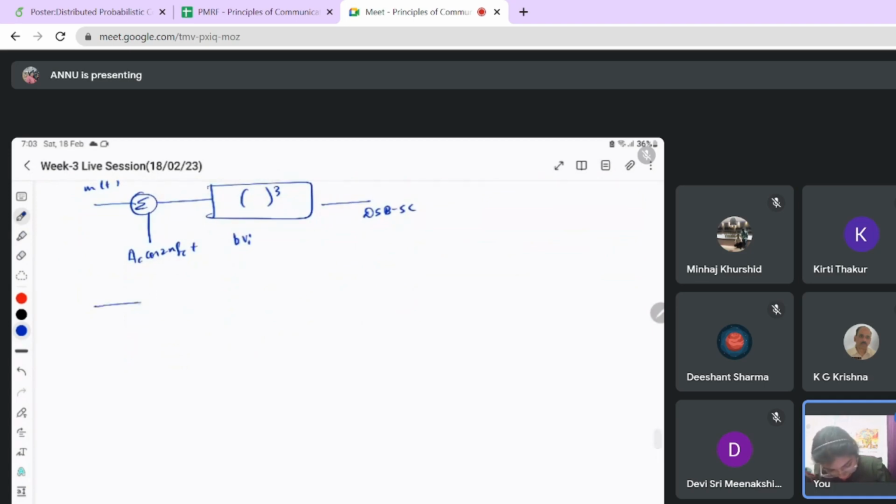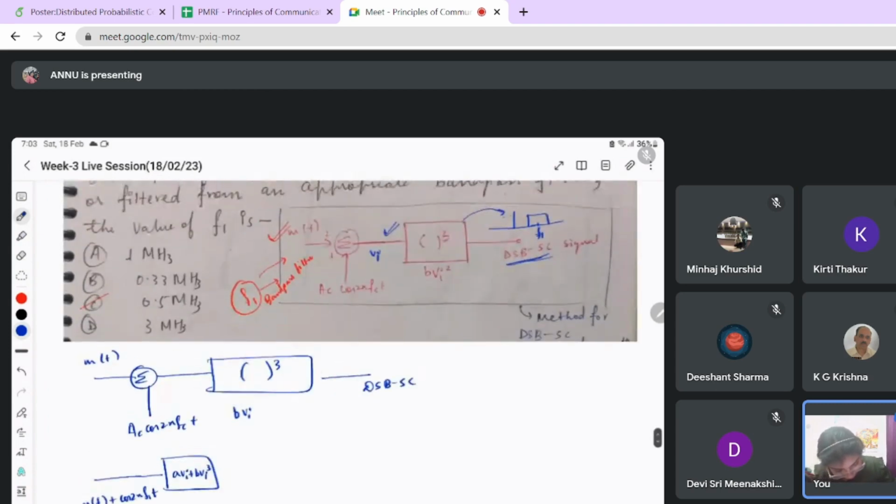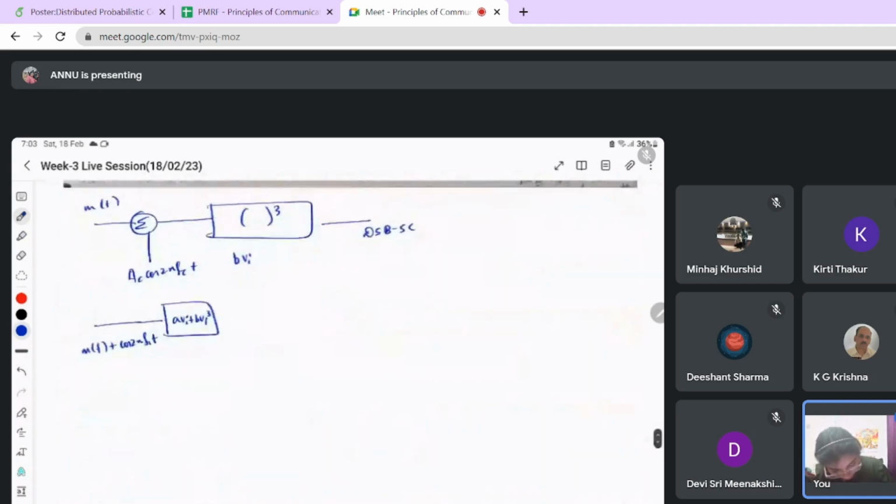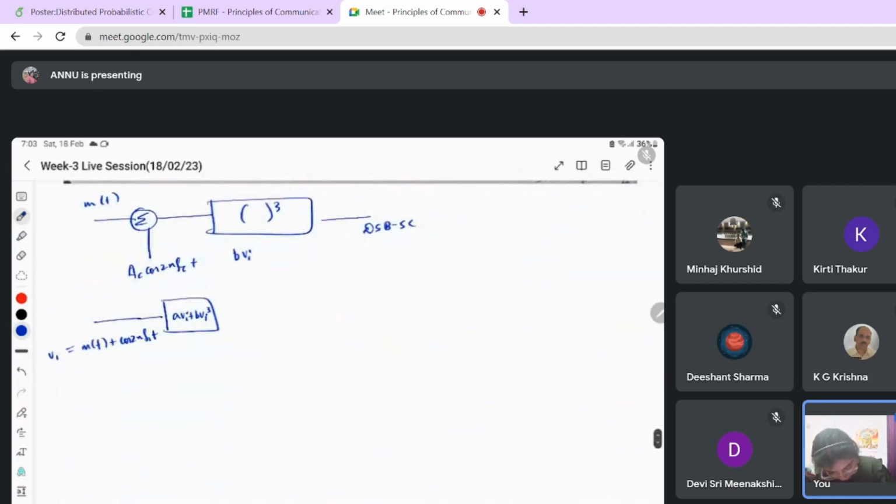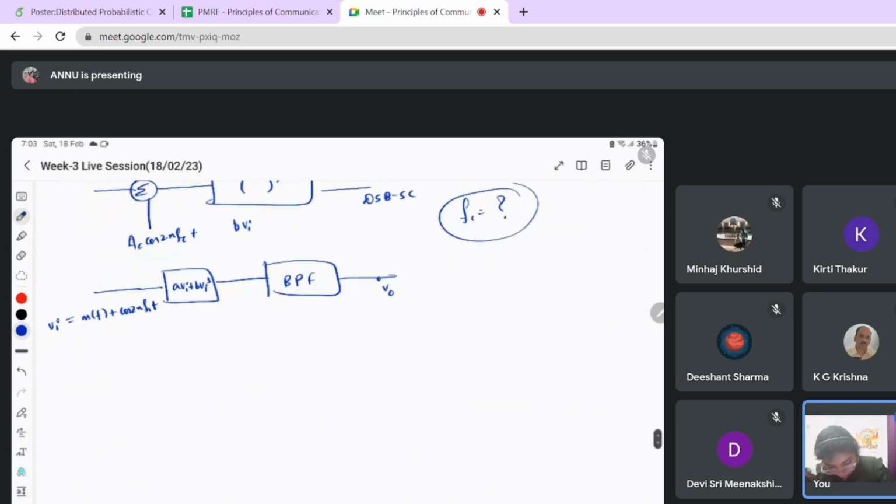So I will write here a Vi plus b Vi cubed, where Vi is m(t) plus cos 2 pi f1t. Here it is written Vi, so I'm writing it in terms of a diagram so that you can have a better understanding. Here there is a bandpass filter, and you are asking the value of f1. So how will you solve? Suppose this is v1.